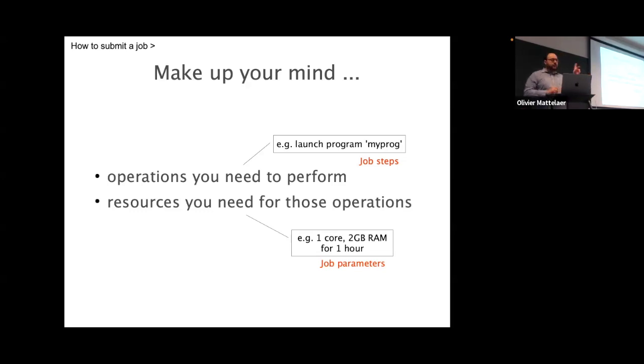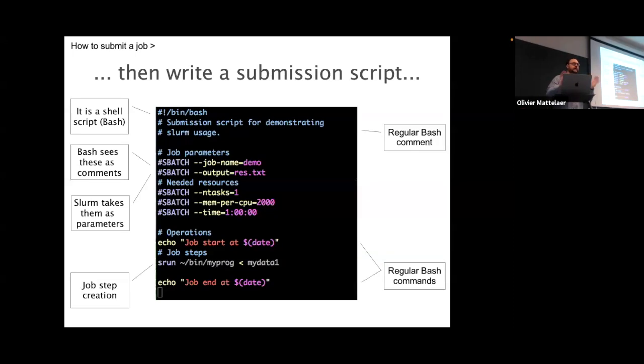So once you know the resources that you need and the operations you want to perform, you need to put them in a script. It's typically a bash script, which you've learned how to write with Perry and Jerome a few days ago. And it has a specific structure. Just like any bash script, it starts with a shebang, and it accepts comments with a hashtag like here.